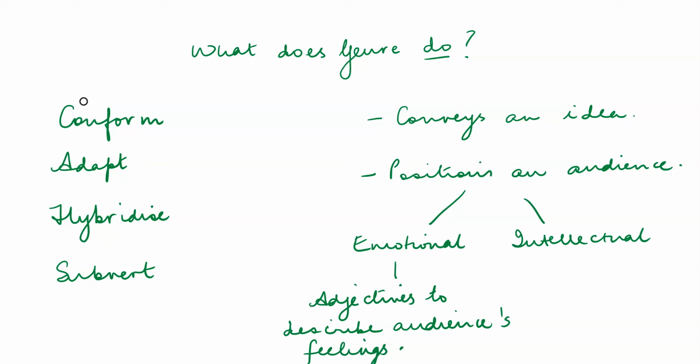So we can use adjectives such as the audience was sad, or the audience empathizes, or the audience is confronted and shocked by something. We cannot say the audience is positioned to think this person is brave, because that's not describing how the audience feels.